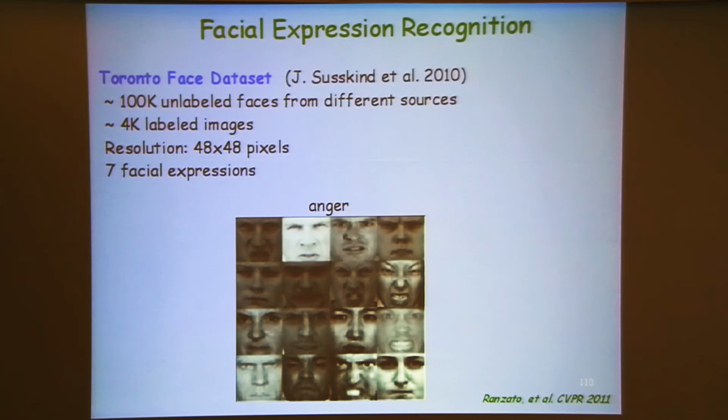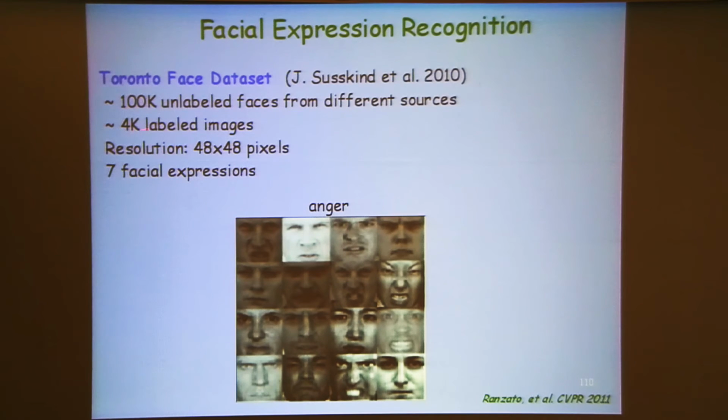Another application that I would like to talk about is recognition of facial expression under occlusion, where the generative ability of the model is really leveraged. So a colleague of mine put together a data set that has 100,000 unlabeled images of faces that are aligned by the eyes with the standard toolbox.